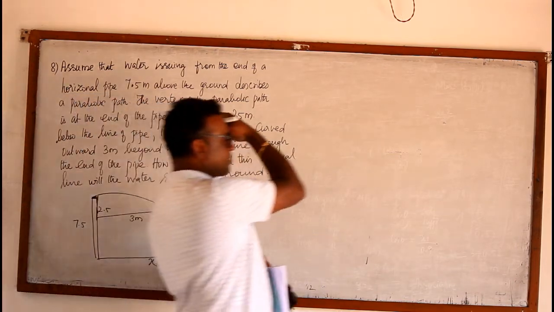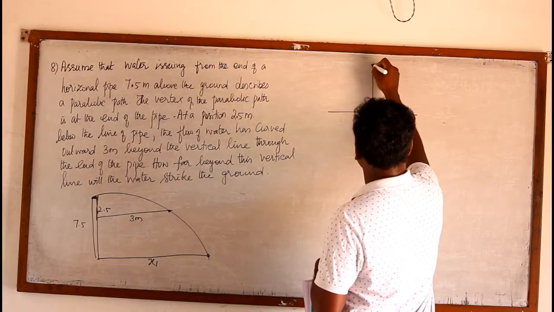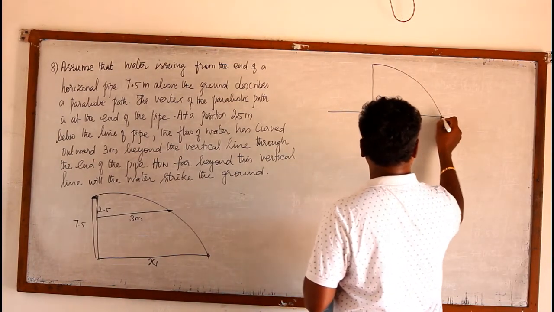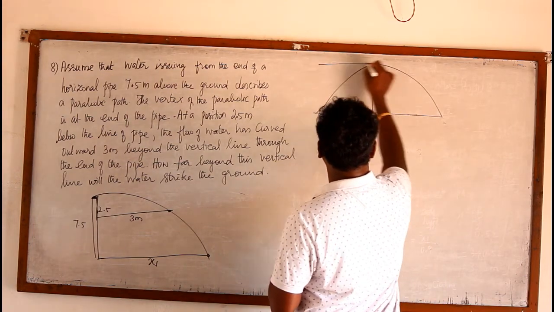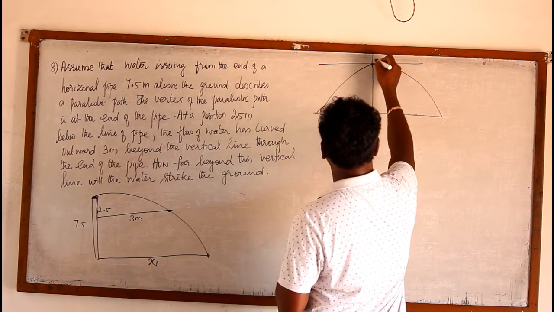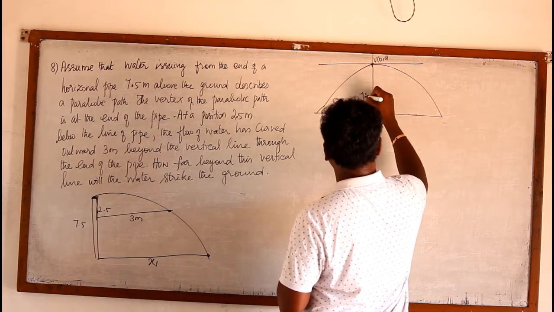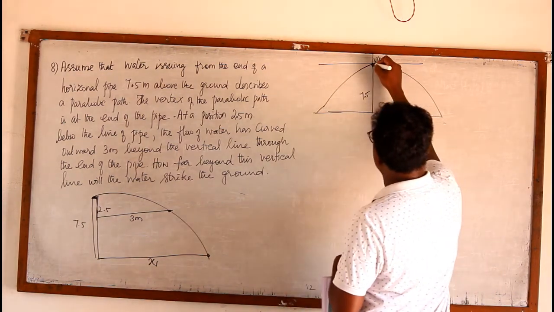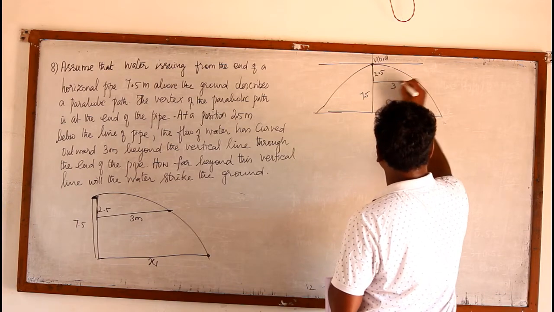So if I draw a proper curve, this is the pipe. Water is curving out like this, so it shall have the curve, which is a parabola. Shall I say it opens downward? So this is the vertex, 0, 0, and this length is 7.5. At 2.5 from the vertex, this length is 3 meter.